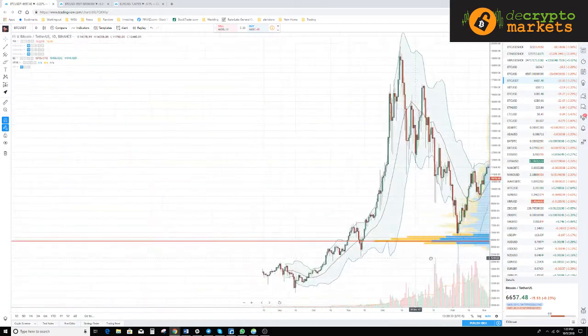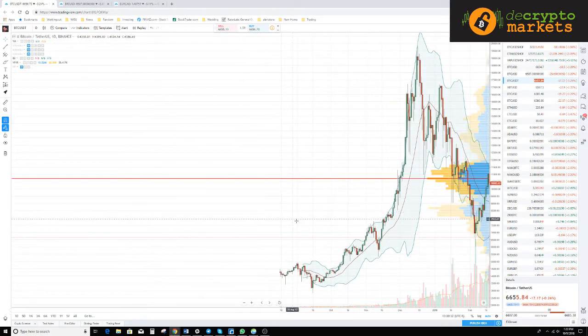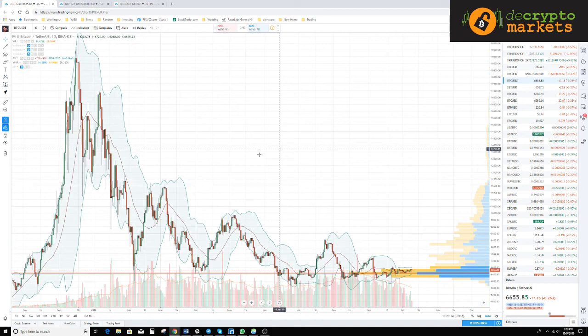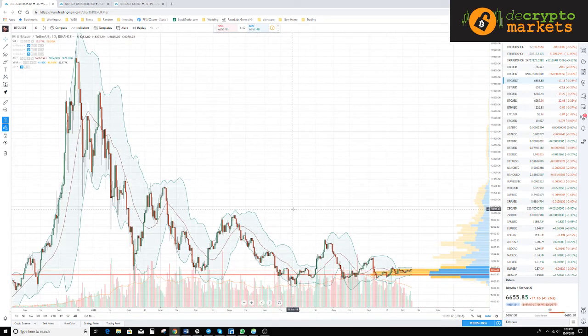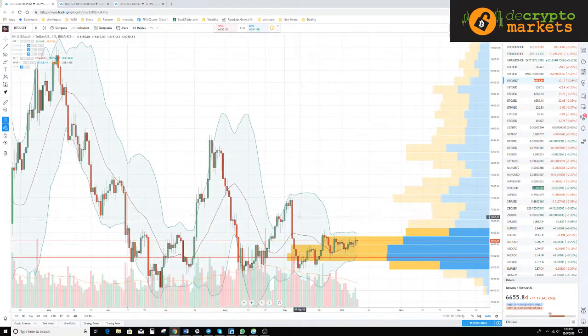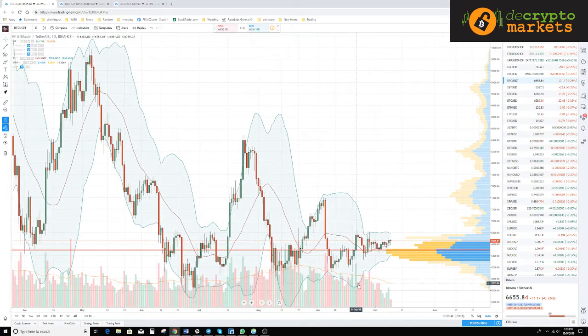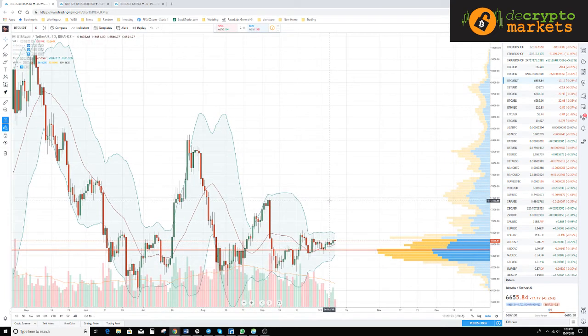That's a normal rule and pattern in any market. But with Bollinger Bands, you'll always see a squeeze precede the next big move. So that's what we're in right now. This is a pretty interesting zone, pretty exciting zone to look at.